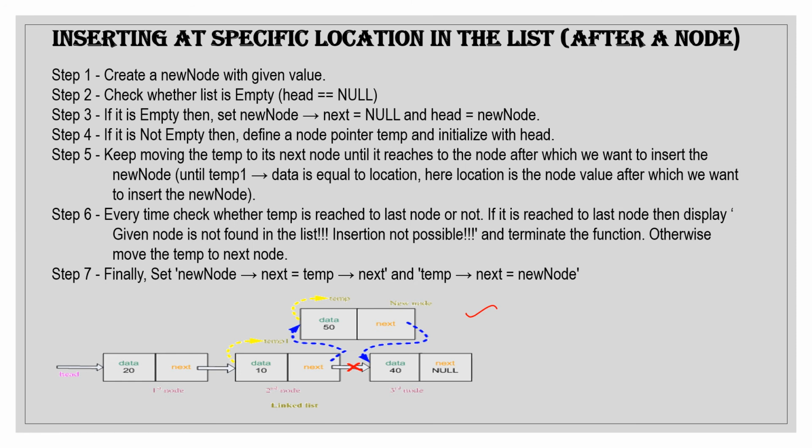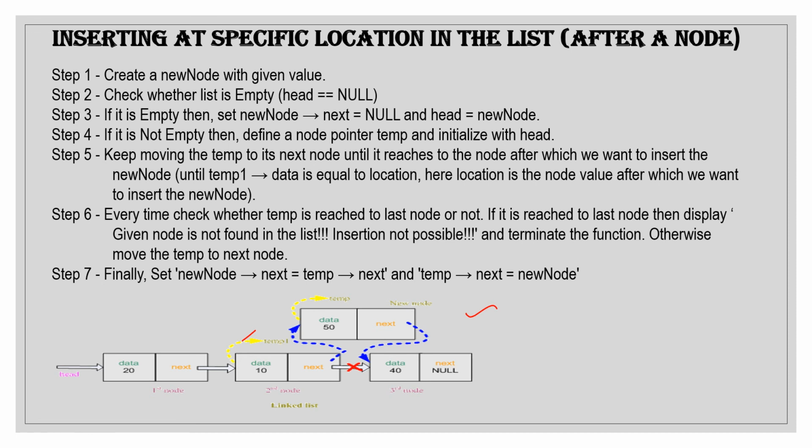This is my temporary pointer, and it will be used to traverse the list from the first node to the particular position where I want to insert the element. Here I want to insert the element at the third position, that is, after the second node. So my temporary node pointer should travel from the first node to the second node, which is the point where I want to change the pointers, from the second node to the new node.